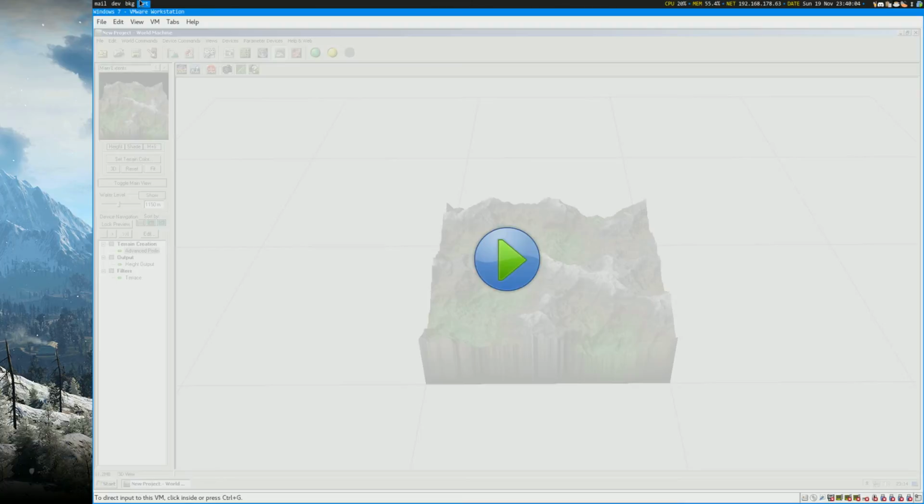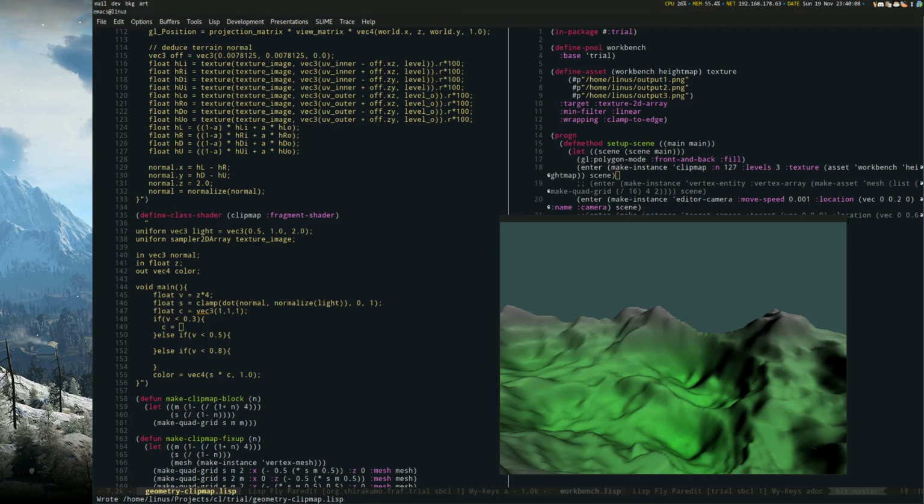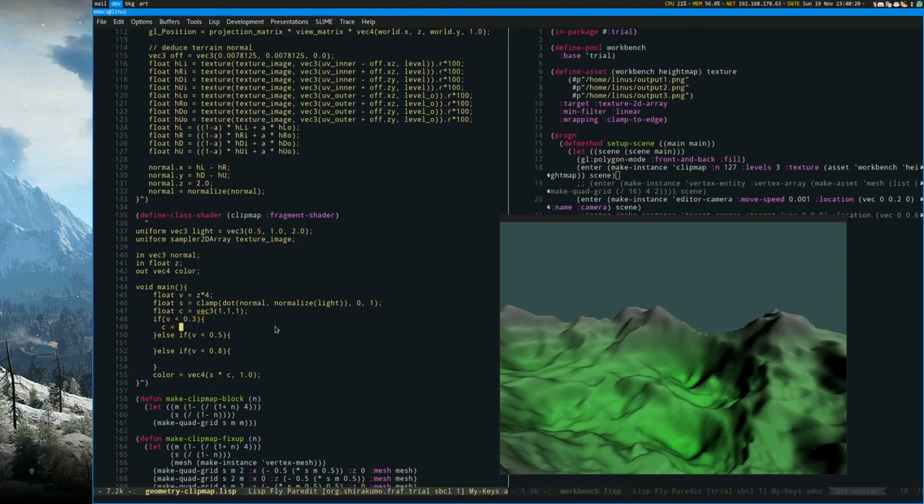Isn't there a GLSL blend thingy? Hold on. I thought there was a mix, isn't that what it is called? Yeah. Mix.